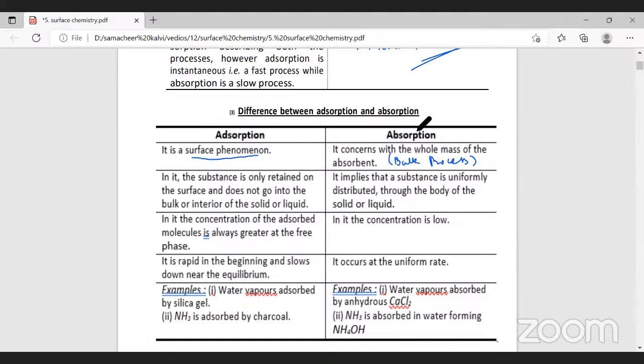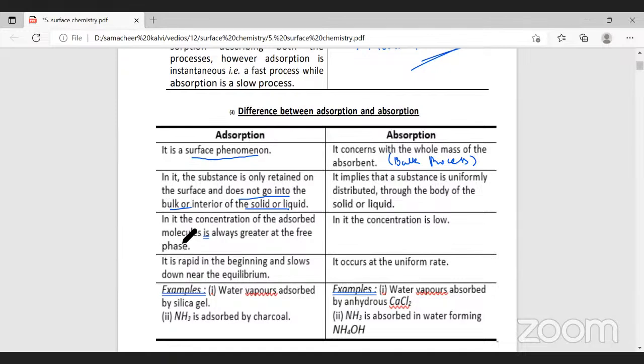In adsorption, the substance is only retained on the surface and does not go into the bulk or interior of the solid or liquid. In absorption, the substance is uniformly distributed throughout the body of the solid or liquid. As I told you, the sponge and water molecules uniformly distributed in the sponge is an example of absorption.